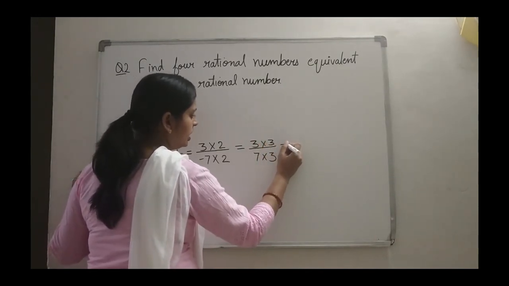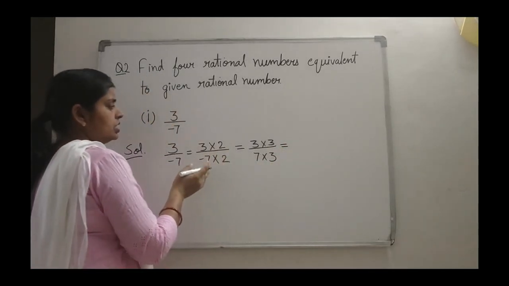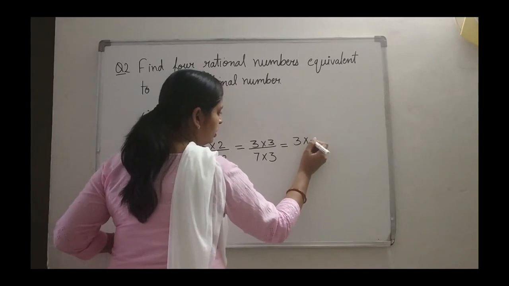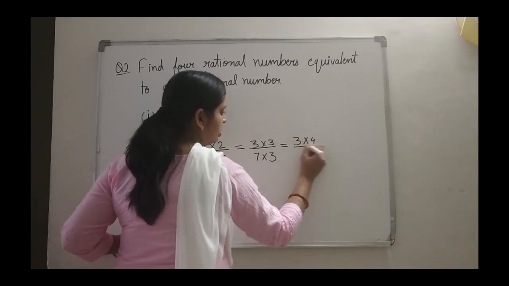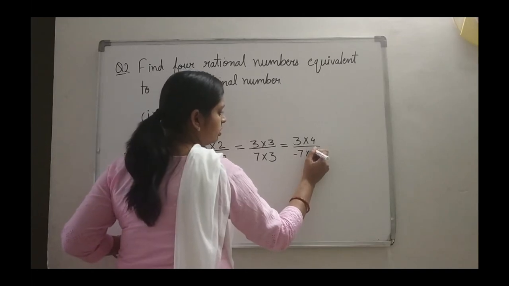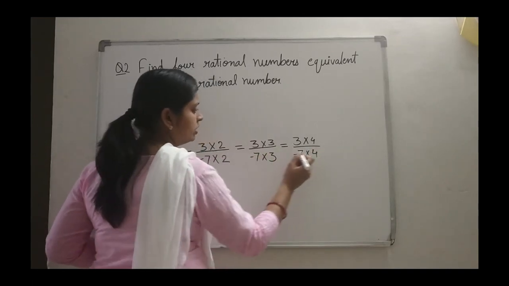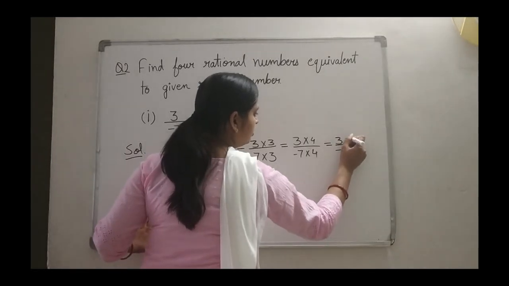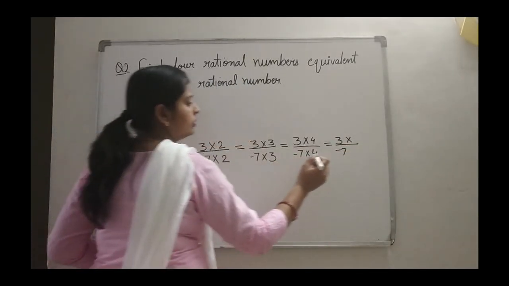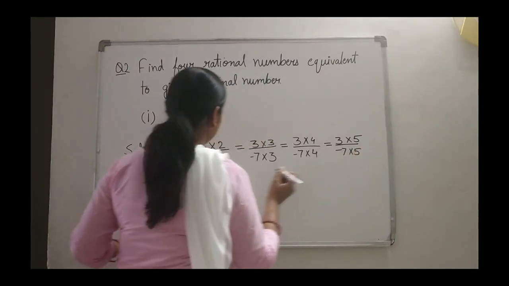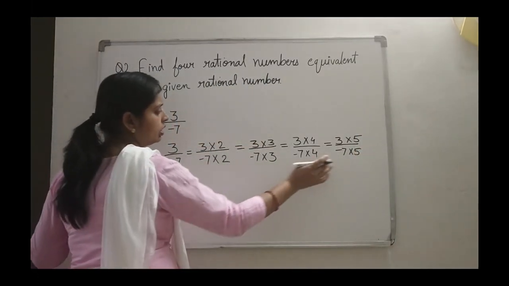You can take any number, right? But it is easy to go for 2, 3, 4, so I am taking these for your ease. 3 into 4 upon minus 7 into 4, and 3 upon minus 7 multiplied by 5 in the numerator and 5 in the denominator. So we have taken out 4 rational numbers.